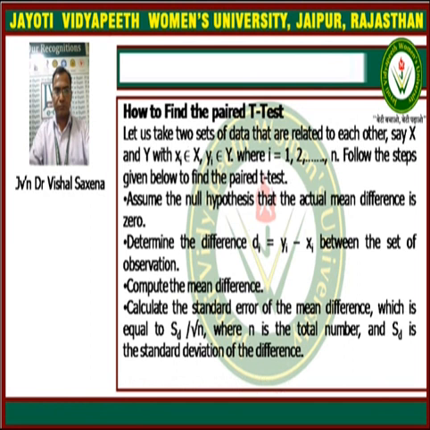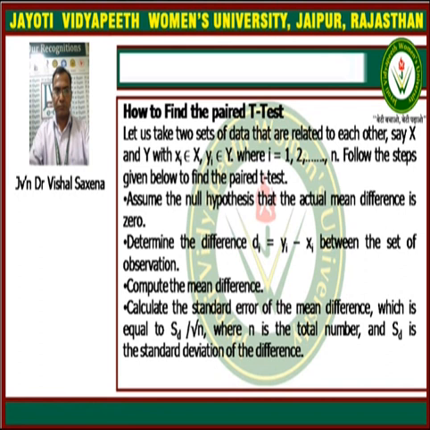How to find the paired t-test? Let us take two sets of data that are related to each other. Suppose x and y, with xi belongs to x and yi belongs to y, where the values of i are from 1, 2, 3 to n.